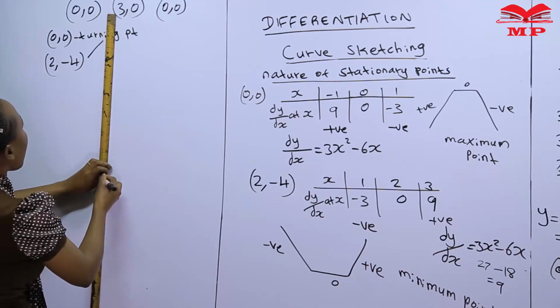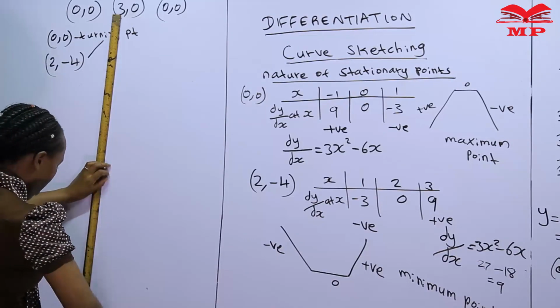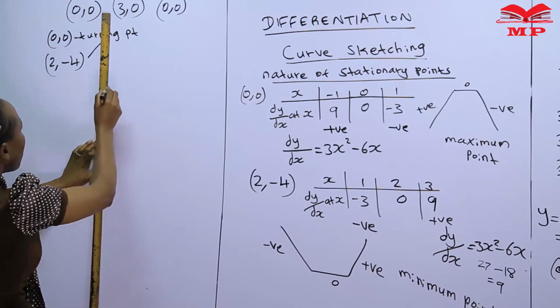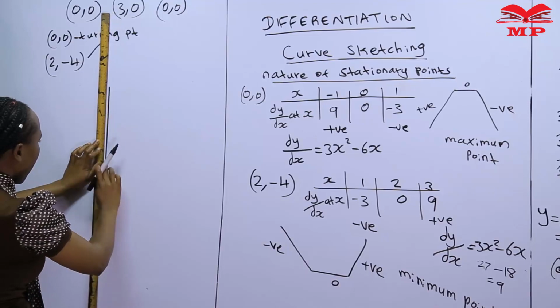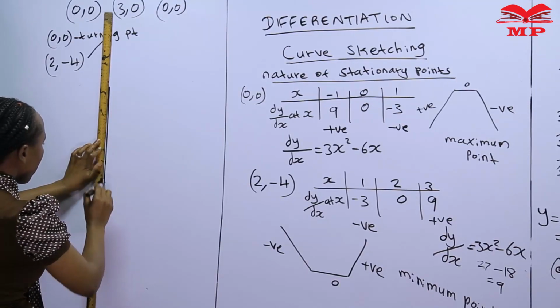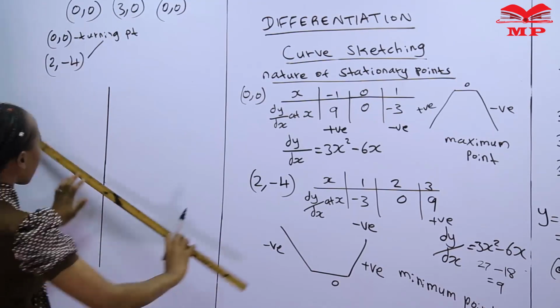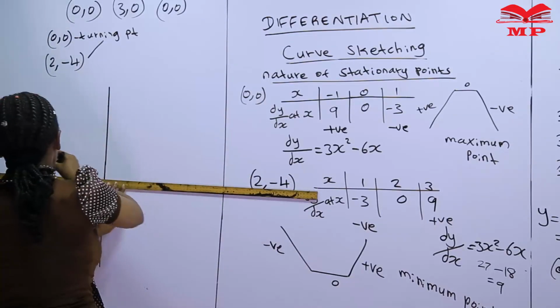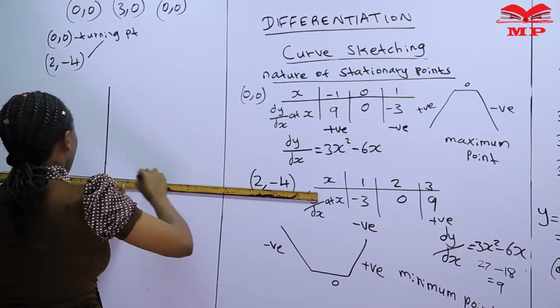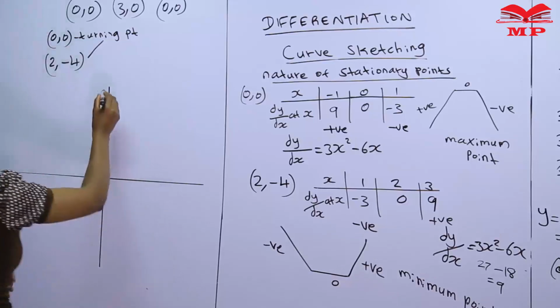So come and have the sketch, whereby we are going to have therefore the sketch for the curve and see the general shape of that curve. So we have on the side of negatives, so it's a sketch.